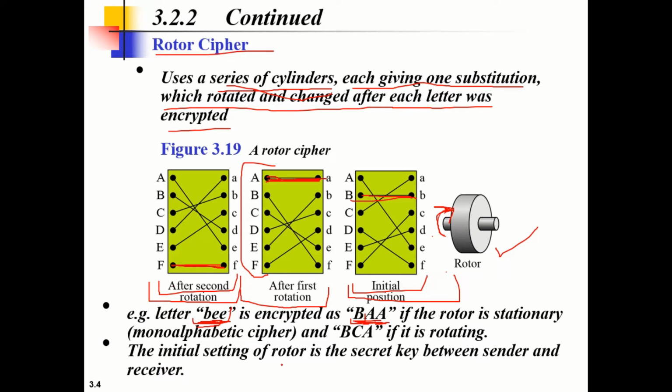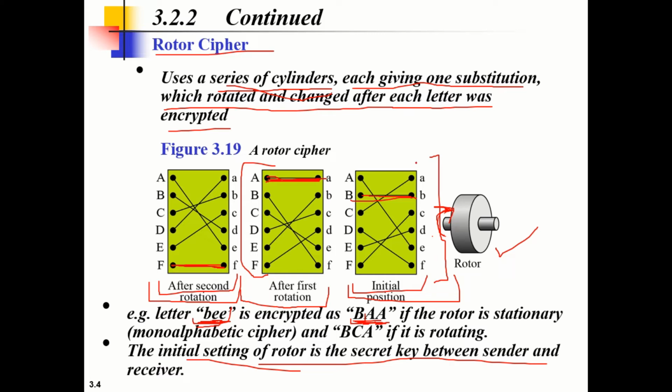The initial setting of the rotor is a secret key between the sender and the receiver. This initial setting has to be shared by both the sender and the receiver. Now this is an example of only 6 alphabets.